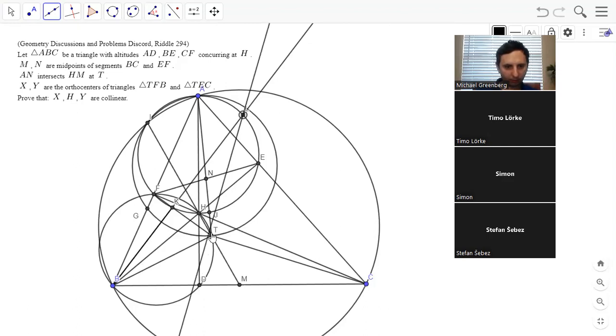I don't think those are actually collinear. But yeah, we want to show that if you drop an altitude, it lies on this circle with diameter AH, right?